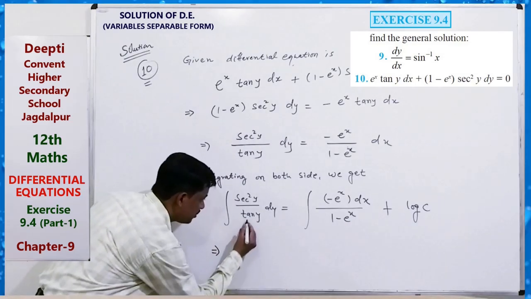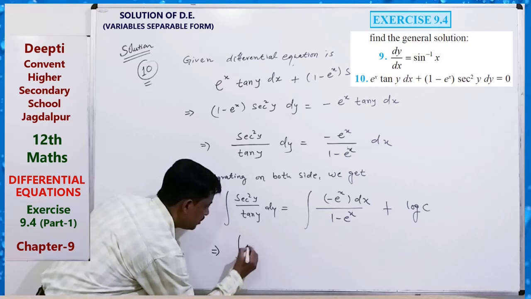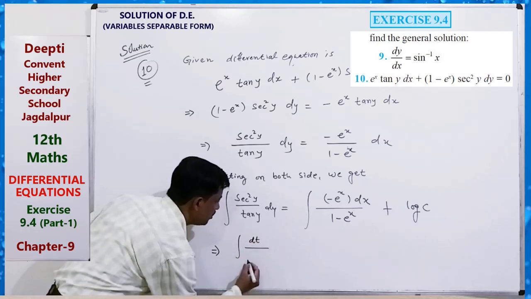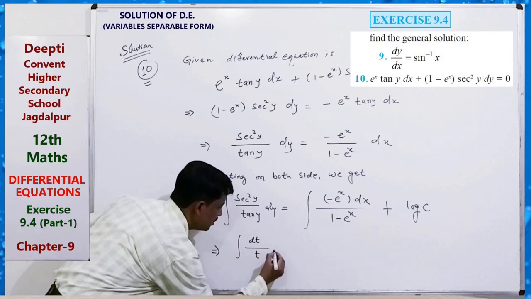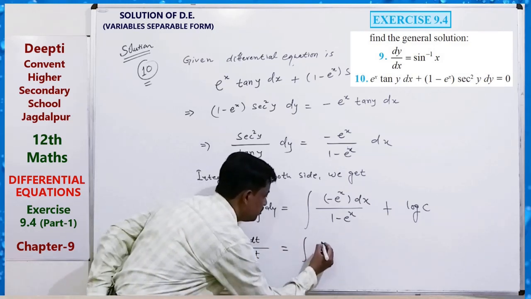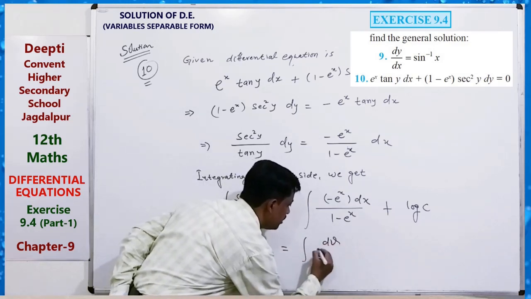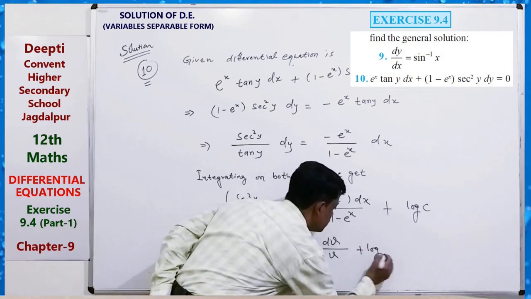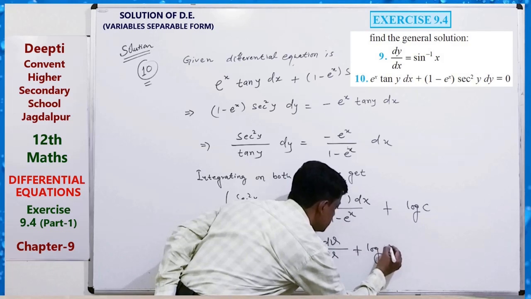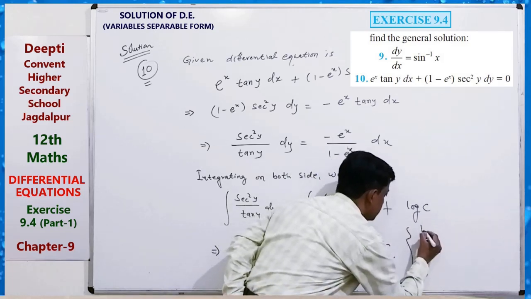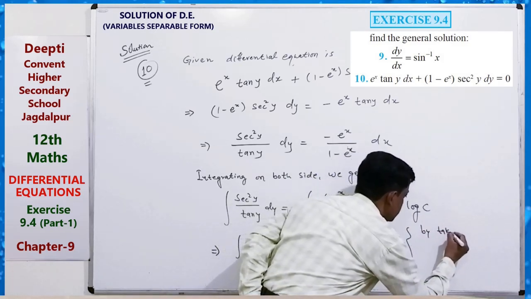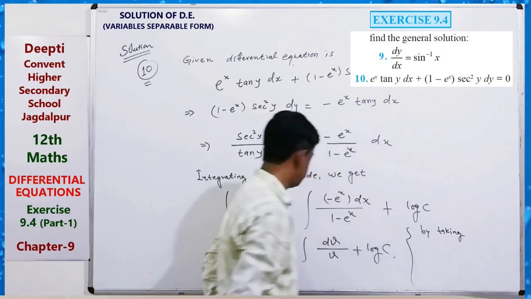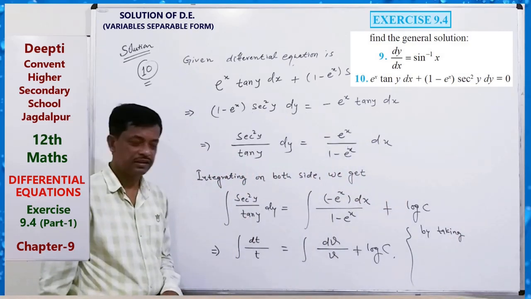So here we can write dt upon t equals to dv upon v plus log of c, by taking tan y equals to t.